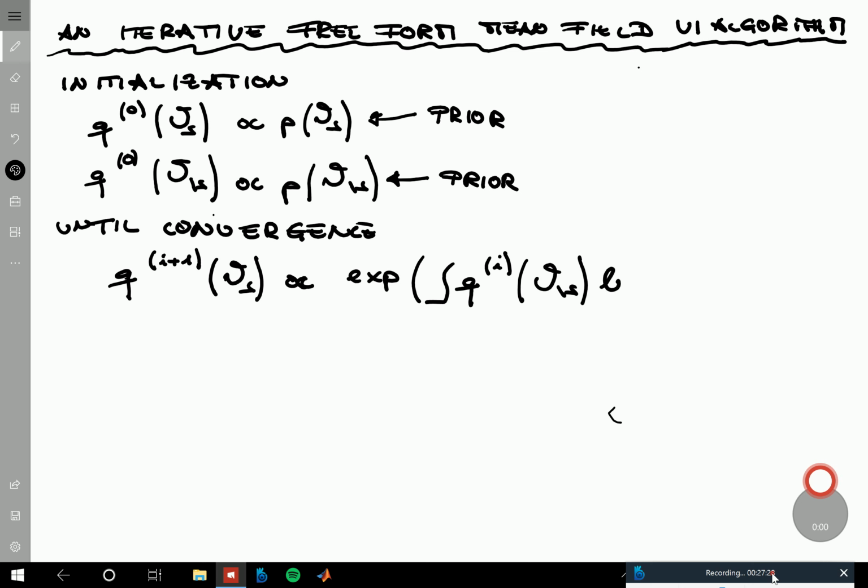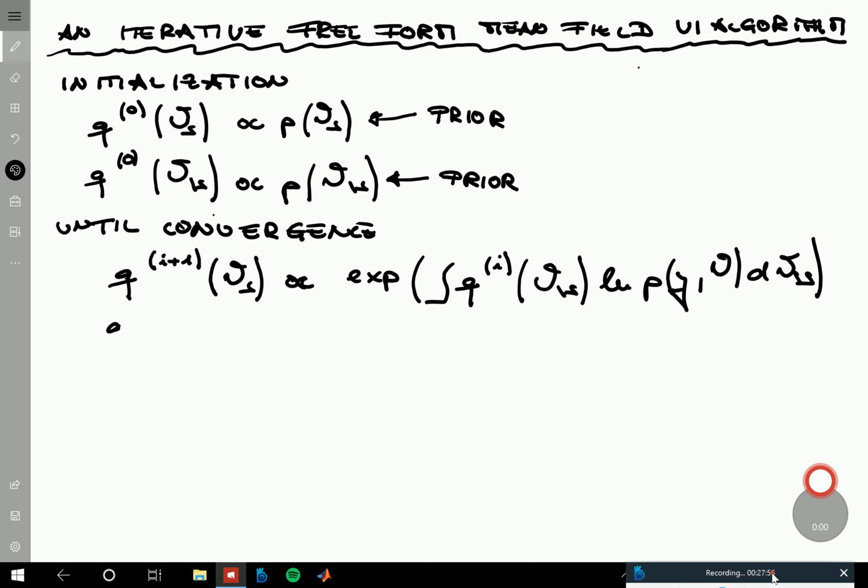Oops, there's a typo. So we have the ith version, because we set it either to the prior or from the previous iteration. So we have this distribution, so we can compute this integral and can set the left-hand side, the distribution over S, to this.